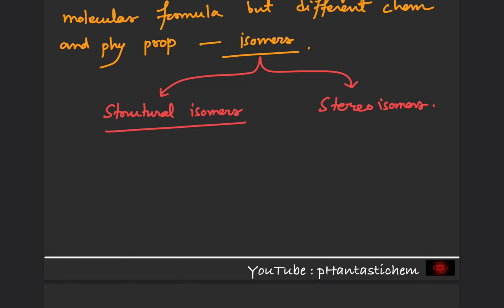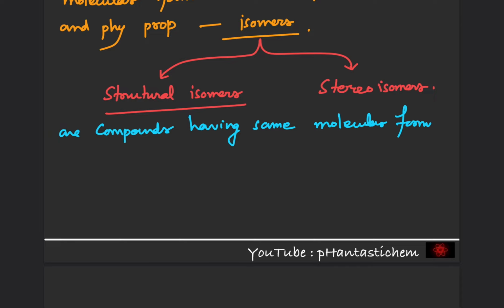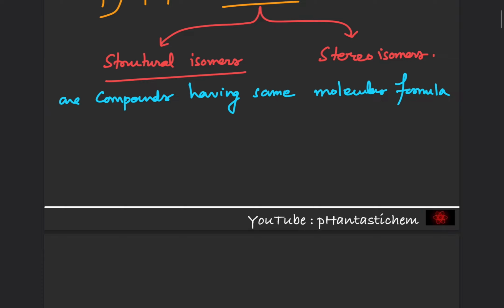Very important. So structural isomers are compounds having the same molecular formula but different structures. By different structures, I mean different arrangement of atoms within the molecule.